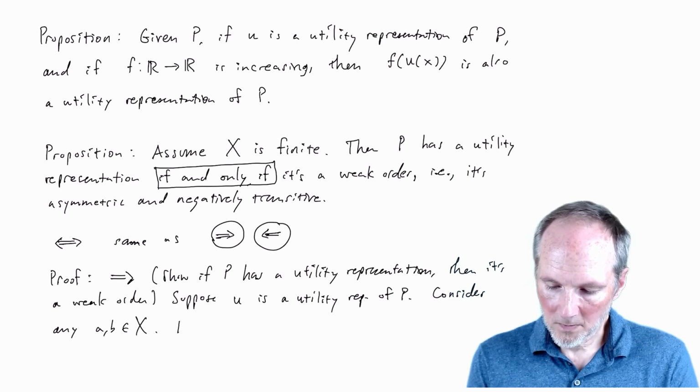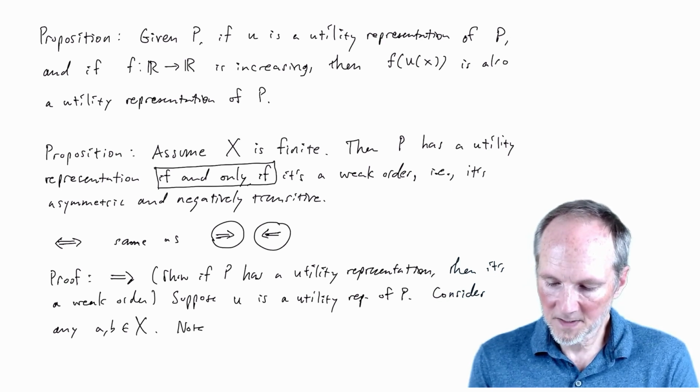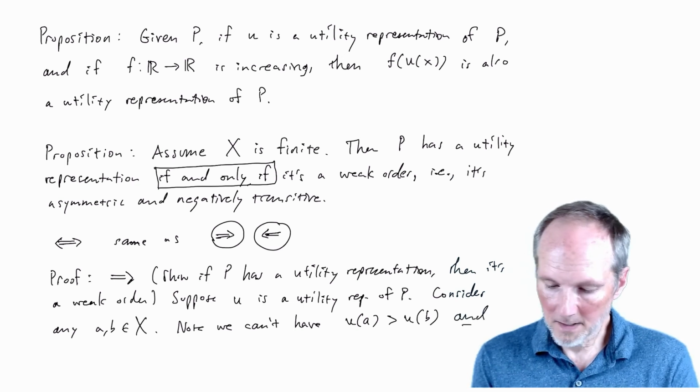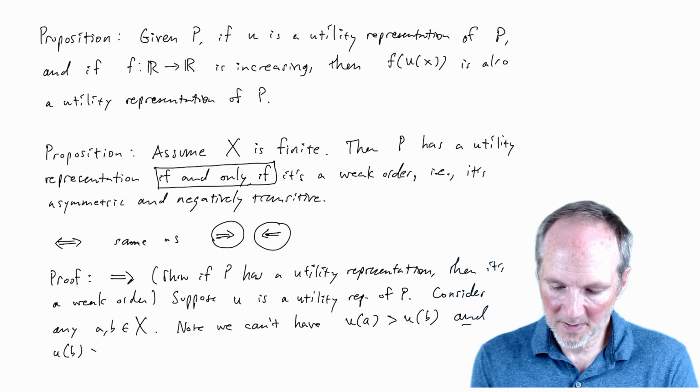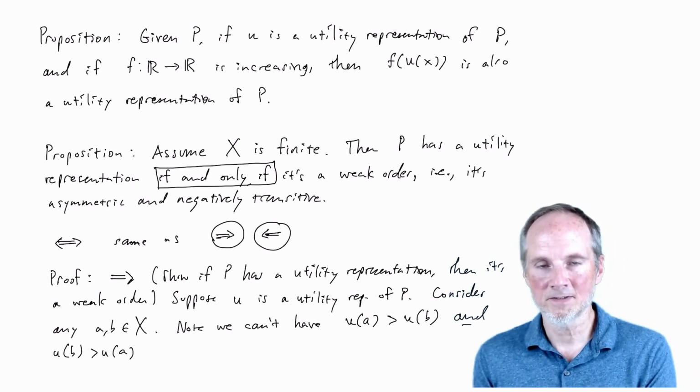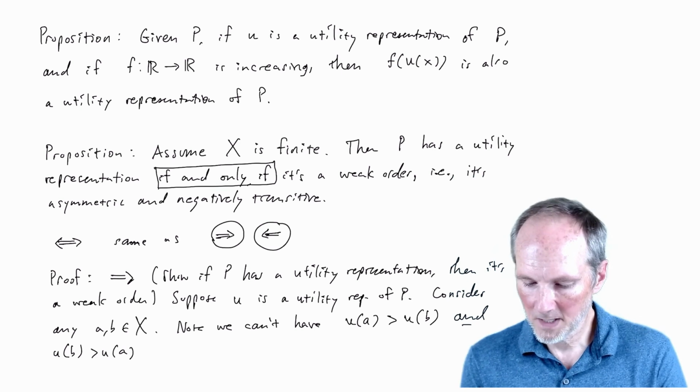So obviously, just by properties of the real numbers, it can't be that the utility from A is bigger than the utility from B, and the utility from B is bigger than the utility from A. That's not how strict inequalities work. You can't have a strict inequality going in both directions.